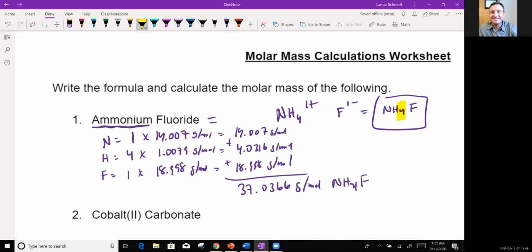So this is our answer. So break everything apart into its individual atoms, count the number of atoms that you have, and then just simply multiply by the mass of 1 mole, which you find on your periodic table.